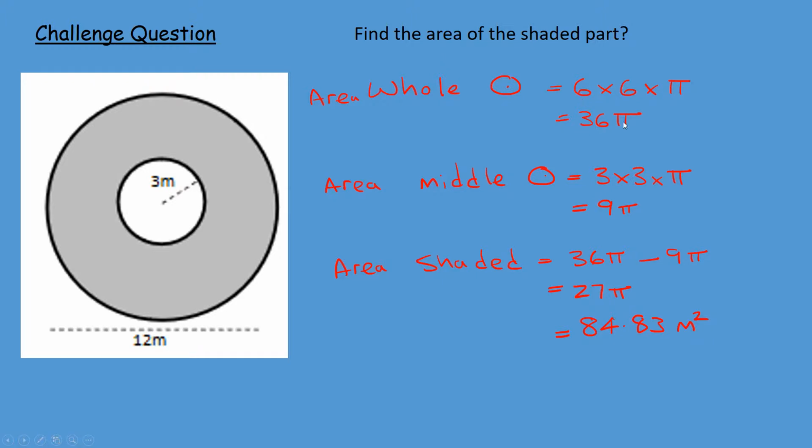So the area would be 36 pi, and I left it as pi. And that center part here, I said that would have an area of 9 pi. And then the shaded area would be 36 minus 9 pi, which would be 27 pi. And that was the first time I actually used a calculator there, I just put 27 times pi and got an answer of 84.83 meters squared.